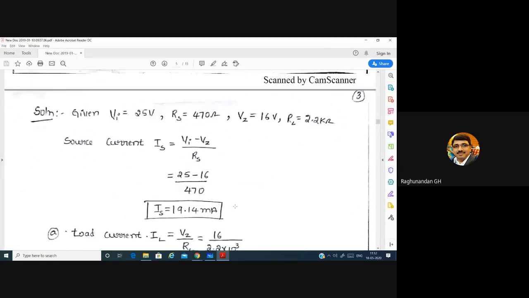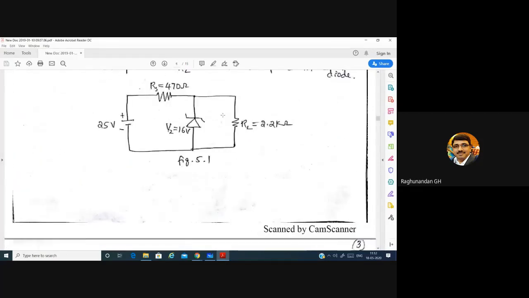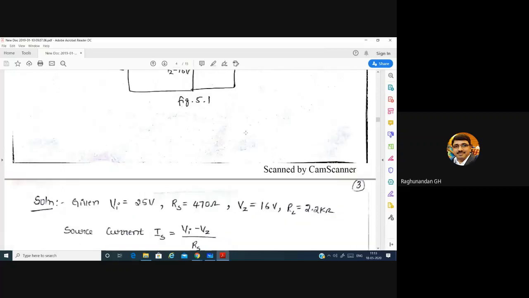After that, the load current. You know the current through the load resistance. You can see the Zener diode and load resistance are connected parallel to each other. So whatever the voltage you have across the Zener diode, the same voltage will be across this resistance. When you know voltage across this resistance and the resistance, you can easily find out current.